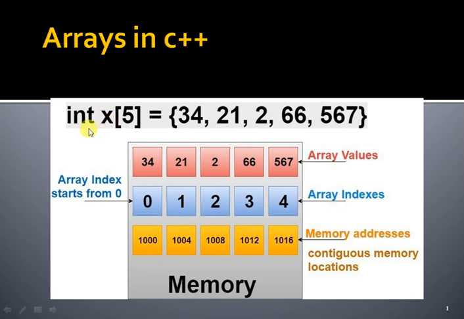In this example, int x is the name of the array. x is the name given by the user, and this is the index, which gives the size of the array. If 5 is mentioned here, then 5 different values of integer data type are allowed, since integer is the fundamental data type used in this array.